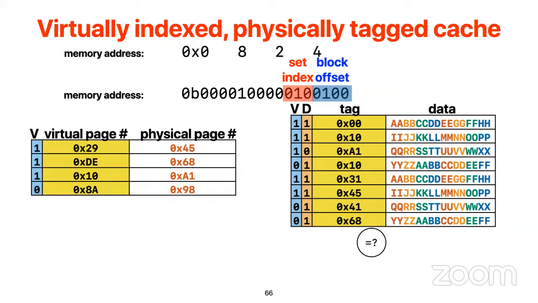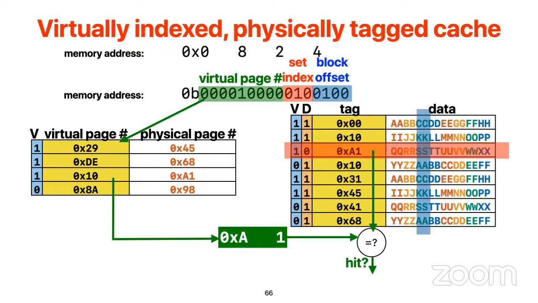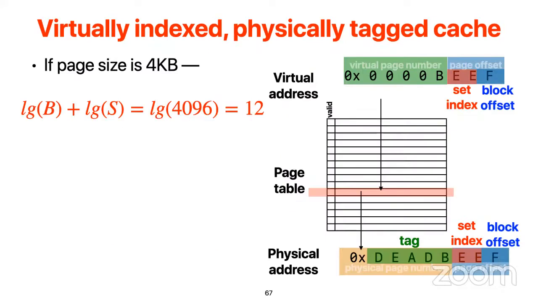The remaining part is the virtual page number, or a virtual tag. However, you don't use that for comparison. Instead, you only use the block offset and set index to access your cache, and you use the lookup result from the TLB to see if the physical page number really fits the tag in your cache. If that's a match, then that's a hit. Otherwise, it's going to be a miss.